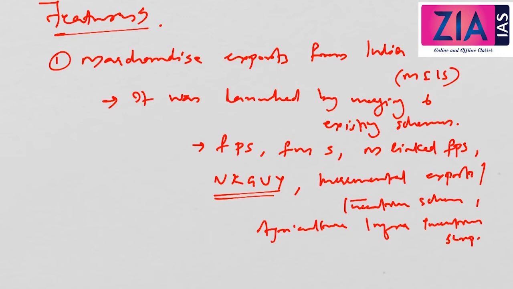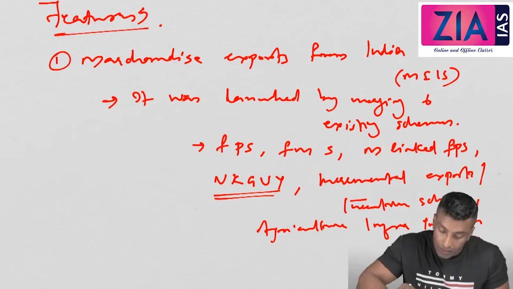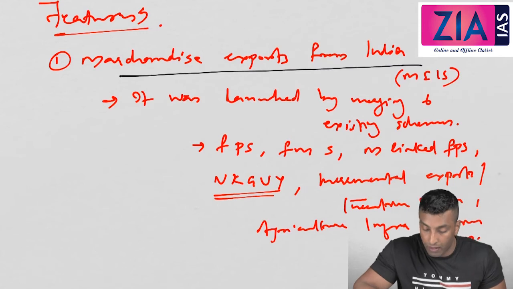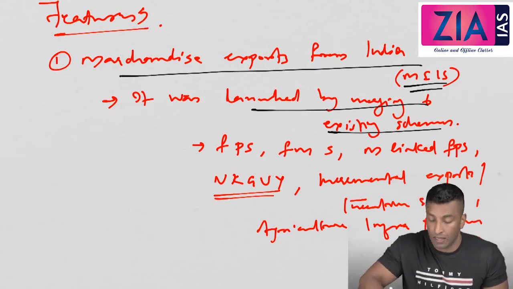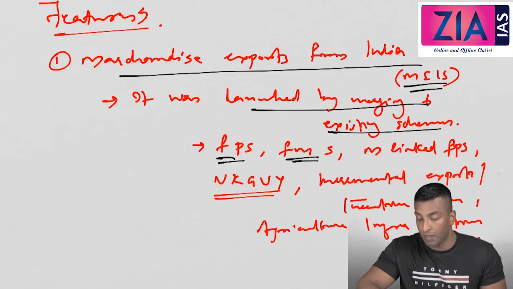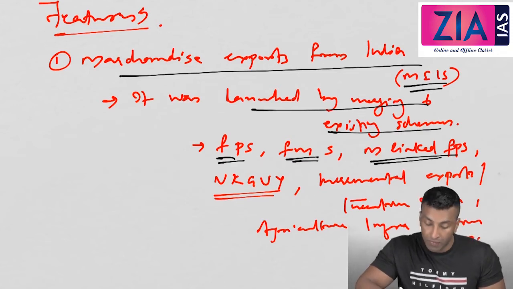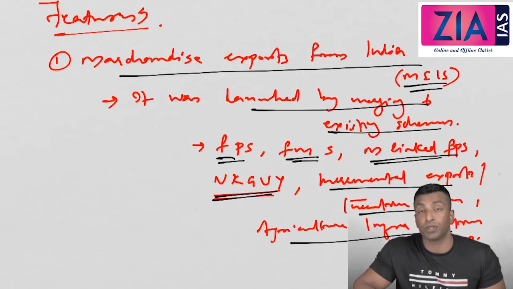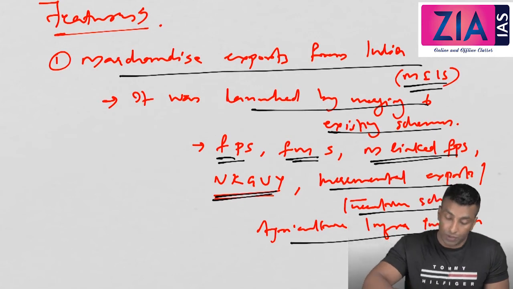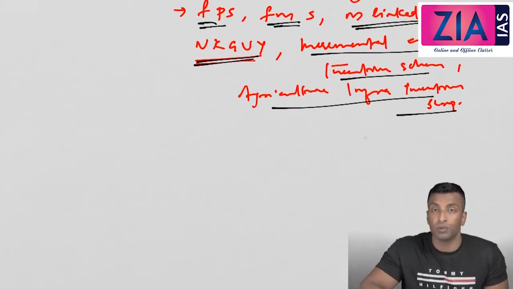So what is that? Merchandise Exports from India Scheme, MEIS. It was launched by merging 6 existing schemes: focus product scheme, focus market scheme, market linked focus product scheme, VKGUY, incremental export incentive scheme, agricultural infrastructure incentive script. So these are 6 programs which are merged into MEIS.